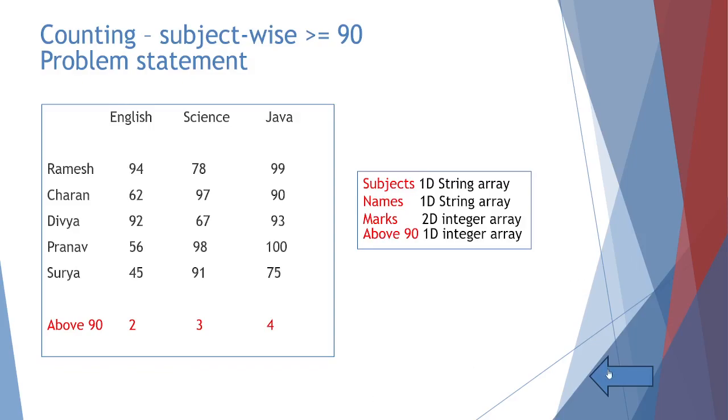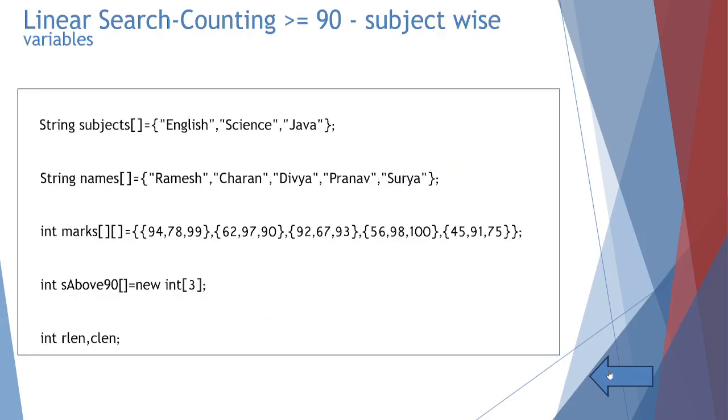By looking at the problem statement, we need to declare 3 arrays, either read or initialize. Over here, we are initializing. And the 4th array, we need to calculate, that is subjects above or equivalent to 90.